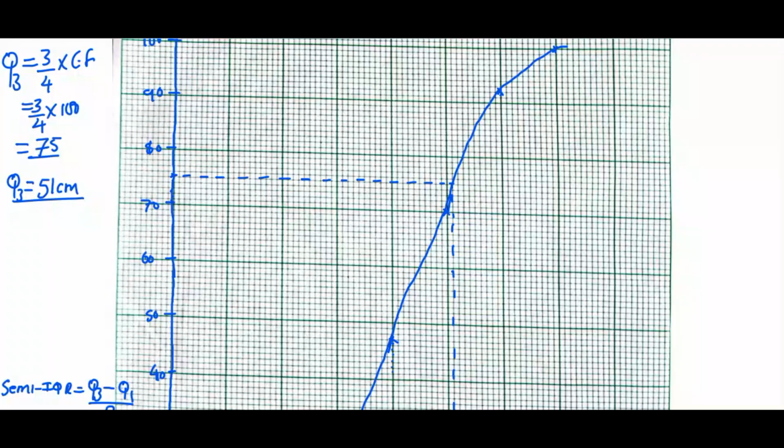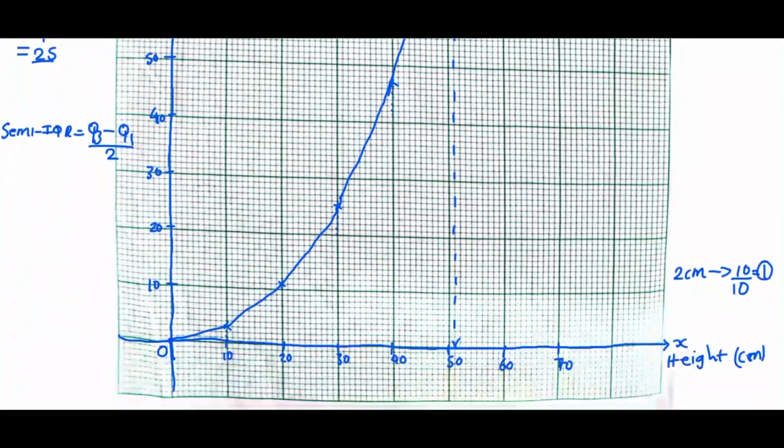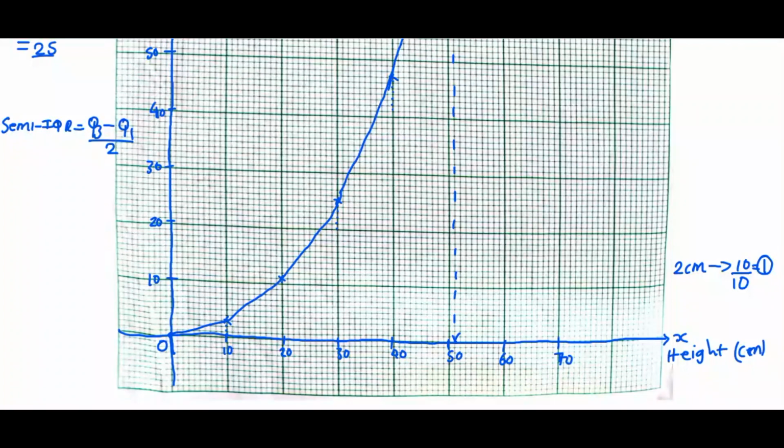Then let's also look at quartile 1. Q1 is equal to 1 over 4 multiplied by the cumulative frequency, the same number 100. So this will give us 25. We'll do the same. We need to go in the y-axis, where there is 25. So 1, 2, 3, 4, 5. 25 is here.